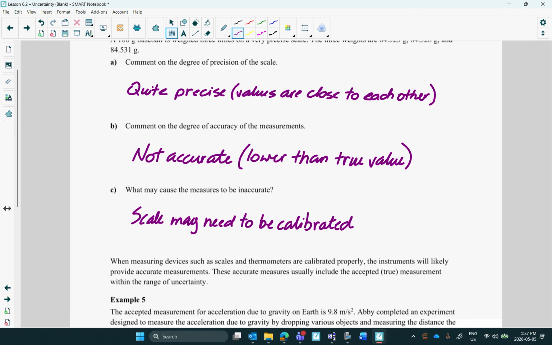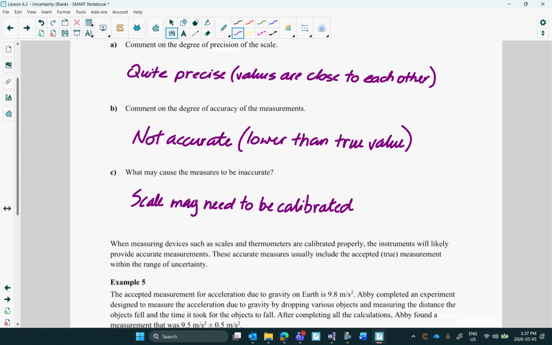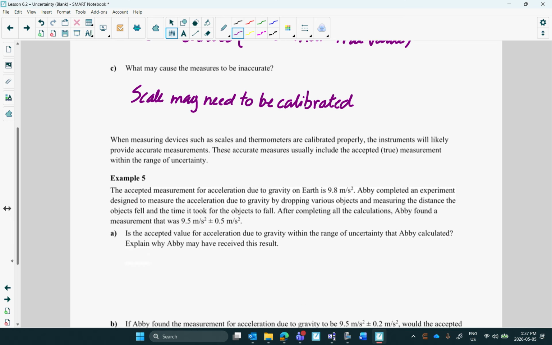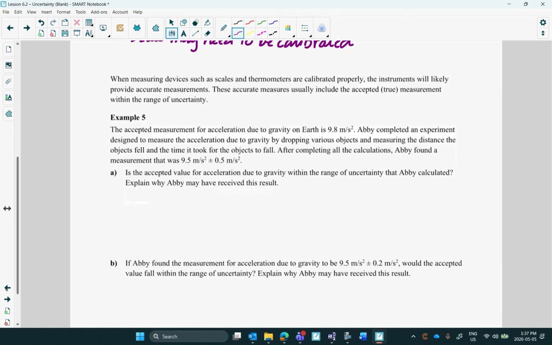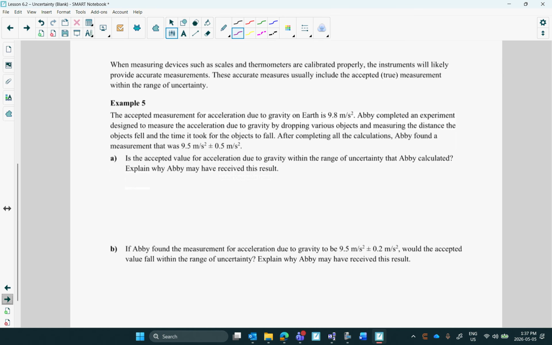In the last example, we're going to go back to uncertainty. So the accepted measurement for acceleration due to gravity on Earth is this number, 9.8 meters per square second. So Abby completed an experiment designed to measure this acceleration due to gravity by dropping various objects and measuring the distance the objects fell and the time it took for them to fall.